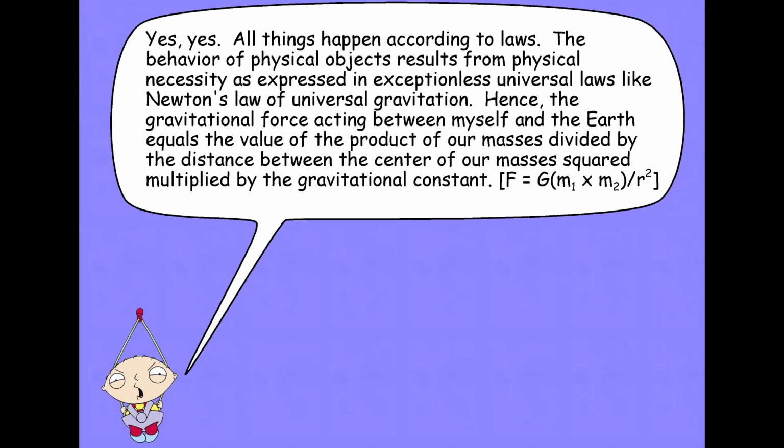And we know that that force is going to be equal to the product of Stewie and the Earth's masses, divided by the distance between their centers of mass squared, and then multiplied by the universal gravitational constant. And so we can calculate how much force we'll have to use to hold Stewie up to counteract the force of gravity between Stewie and the Earth. We can do that in a physical, deterministic way through these expressions of physical necessity. That domain looking good.